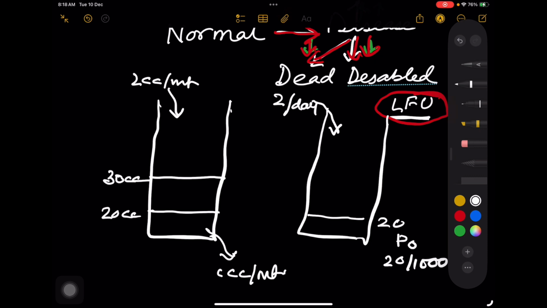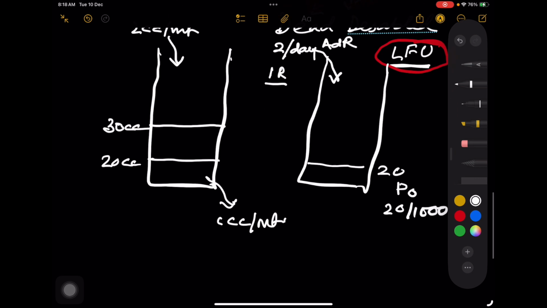So this is the admission rate, or it is also called as the incidence rate. Then people are getting cured and discharged at the rate of 1 per day. Then at 10 days, there will be 30 people.